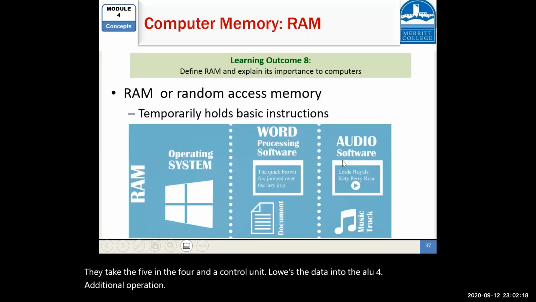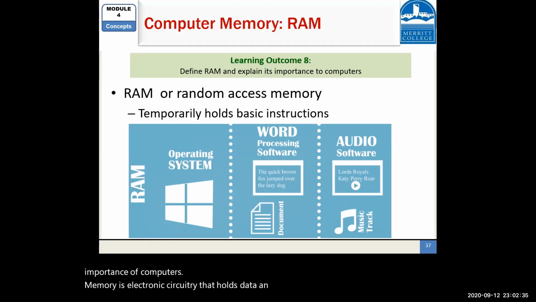So let's continue on with learning outcome 8 and define RAM and explain its importance to computers. Memory is electronic circuitry that holds data and instructions so it is available when needed by a computer.